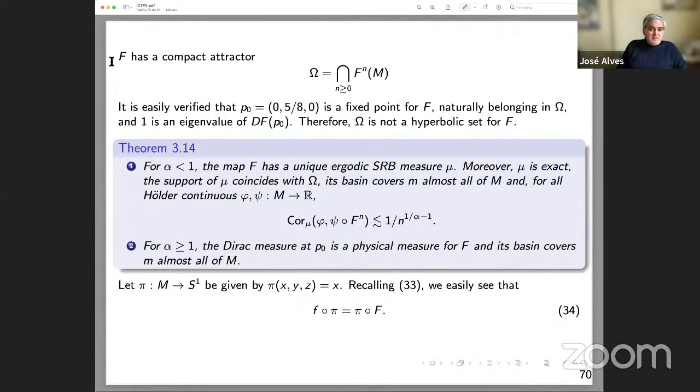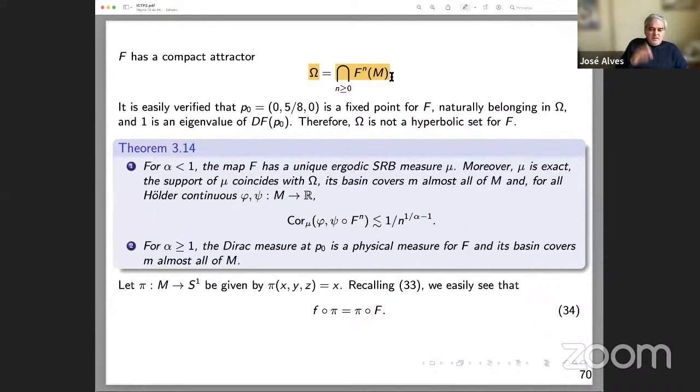But before the result, let me say that this solenoid map again has an attractor that I call omega, obtained by intersecting the forward images of the solid torus. M here is the solid torus. And so geometrically it is the same picture: the solenoid.